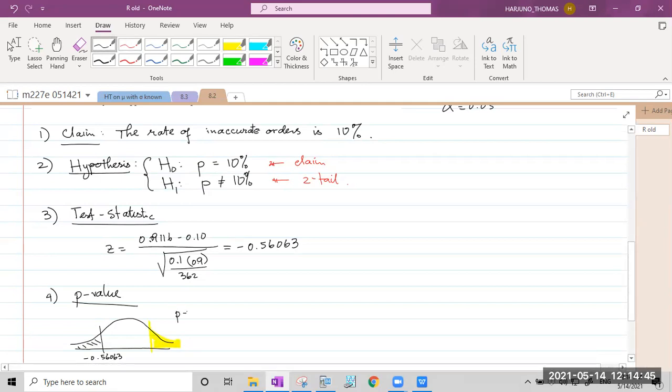So the p-value is 2 times normal CDF of negative E99, negative 0.5606301.